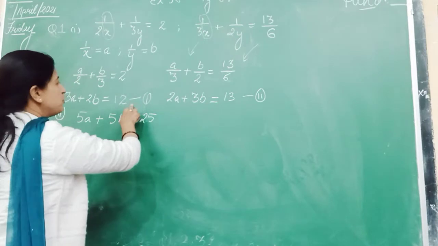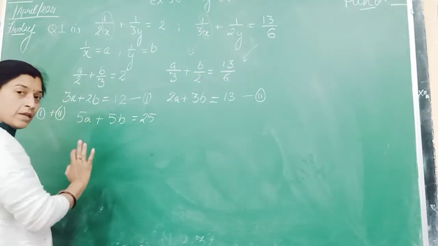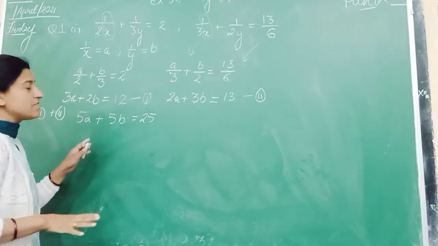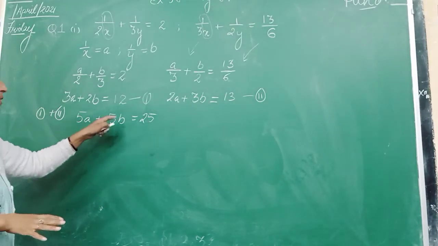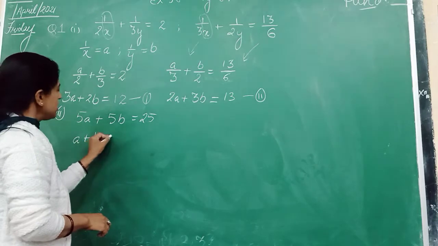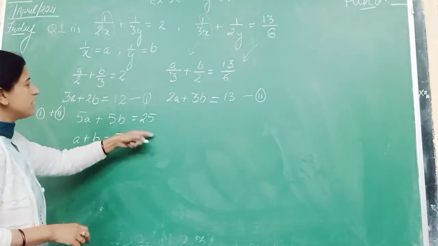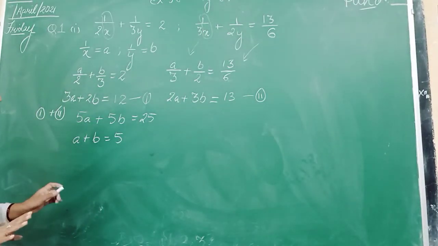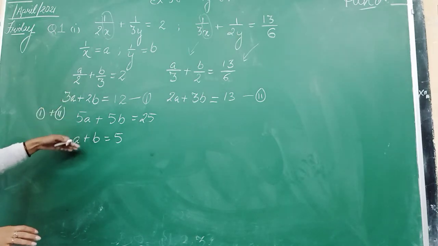Alright, 3 plus 2, 5 and 1 plus 1, 2. Now see, all of them can be cancelled further by 5. All of them are multiples of 5. So this will become a plus b is equal to 5. So you see this has become quite simpler.